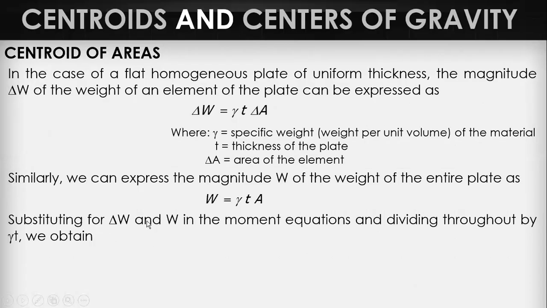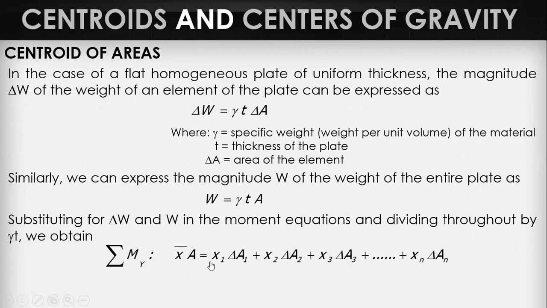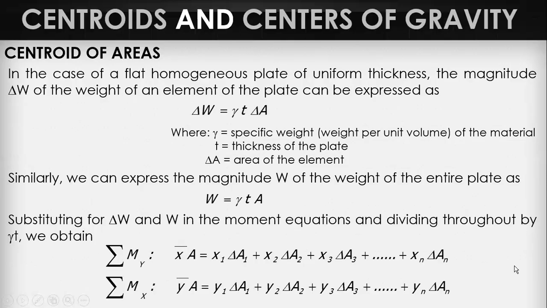Substituting for delta W and W in the moment equations and dividing throughout by gamma T, we obtain this one. Mamani, di ba? X bar A. Instead na W, area na lang.